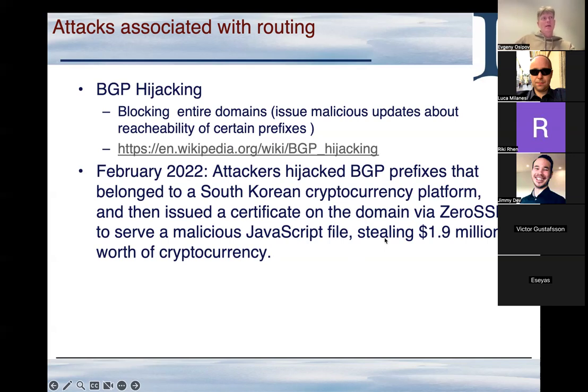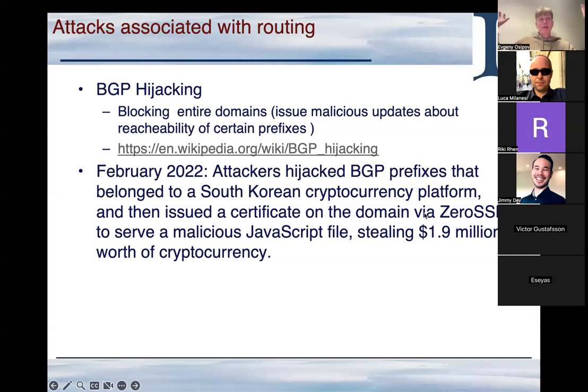At a certain moment, they hijacked or redirected certain subnetwork prefixes, leading to a malicious server.